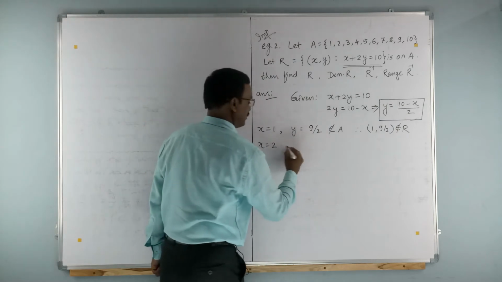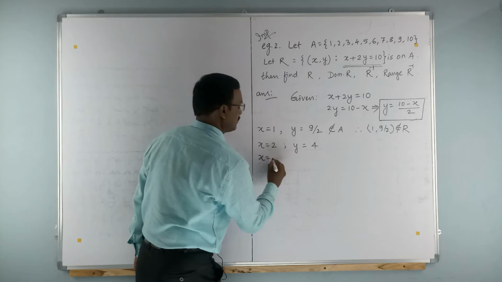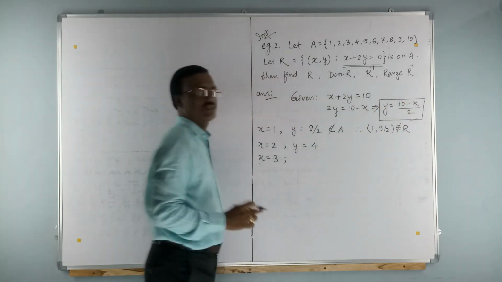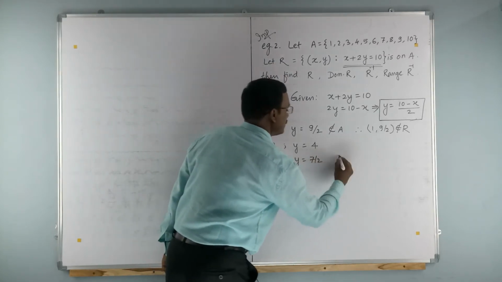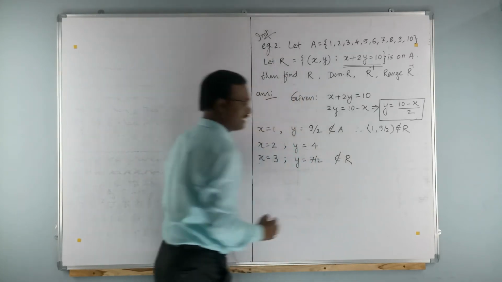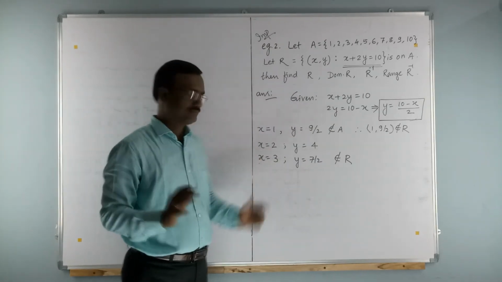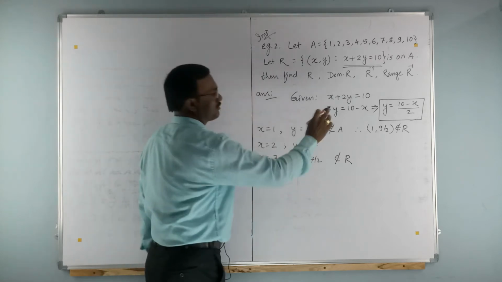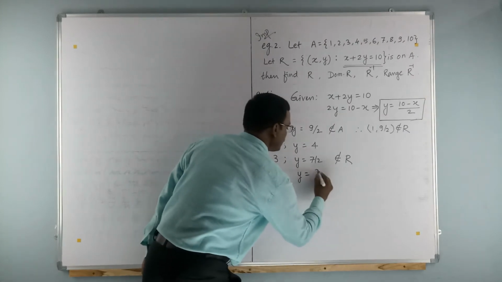Now for x equal to 2, 10 minus 2 is 8, 8 by 2 is 4. So y is 4. For x equal to 3, 10 minus 3 is 7, 7 by 2, y is 7 by 2. So this does not belong to the relation, again for the same reason that 7 by 2 is not from A. Then x equal to 4: 10 minus 4 is 6, 6 by 2 is 3, so y equal to 3.